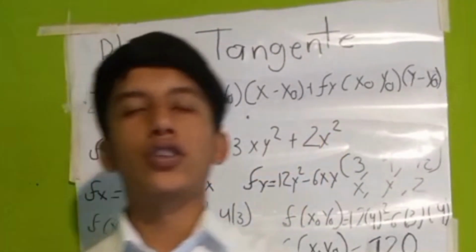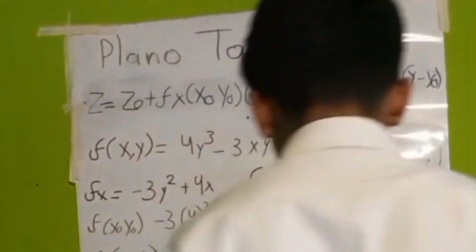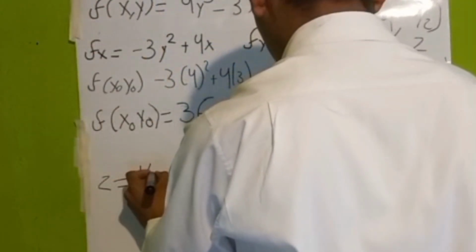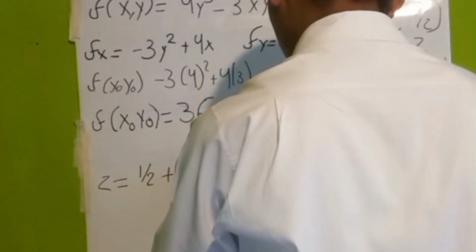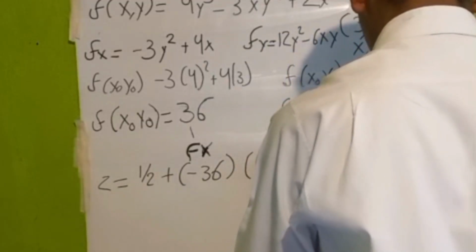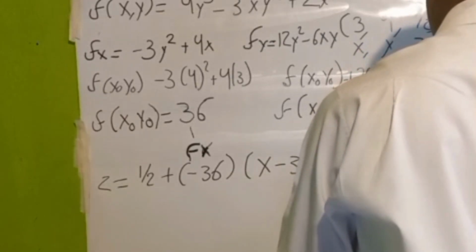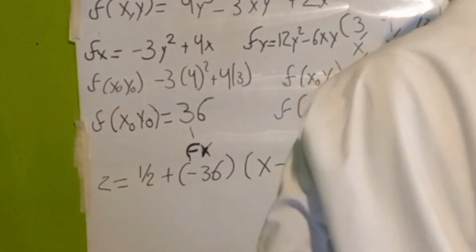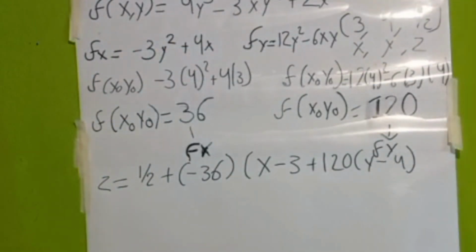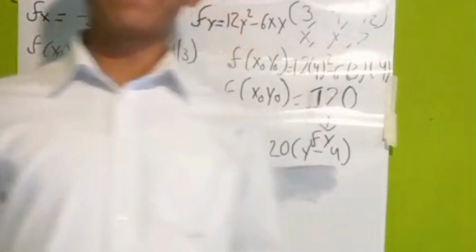Finally, to finish, we substitute our values in the tangent plane equation. We solve what we have in the parentheses.